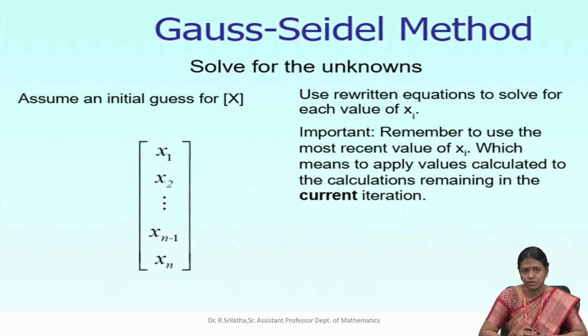What is the difference between the Gauss-Jacobi method and the Gauss-Seidel method? In the Gauss-Jacobi method we do not use the recent values, but in the Gauss-Seidel method, whatever values we find in the current iteration, the same values we use in the next evaluations.